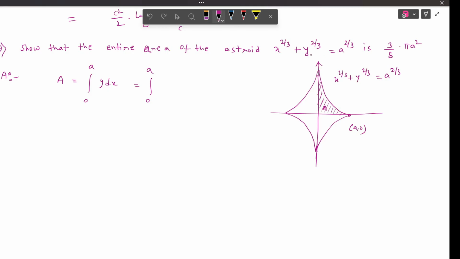What is y? Y would be a to the power 2 third minus x to the power 2 third, to the power 3 by 2. So this would be a to the power 2 third minus x to the power 2 third, to the power 3 by 2, dx.